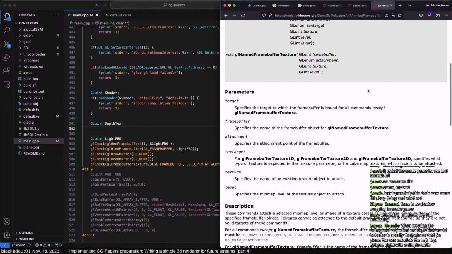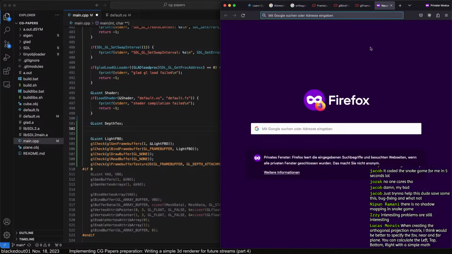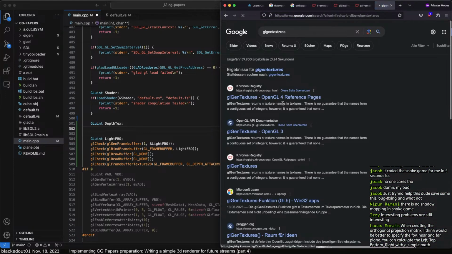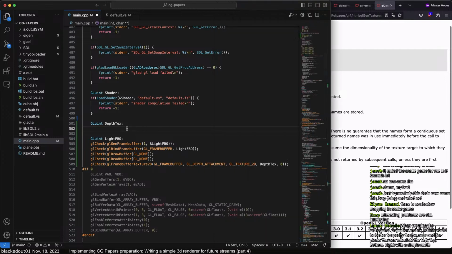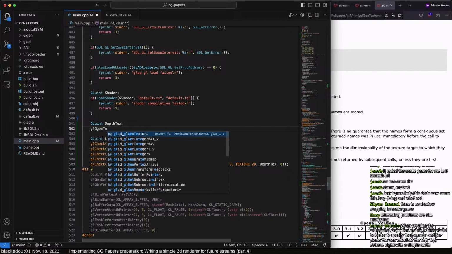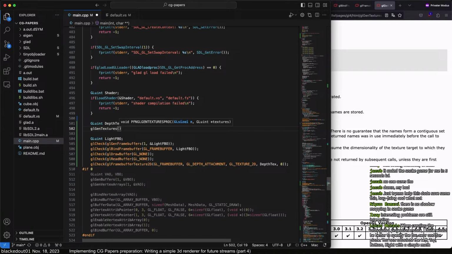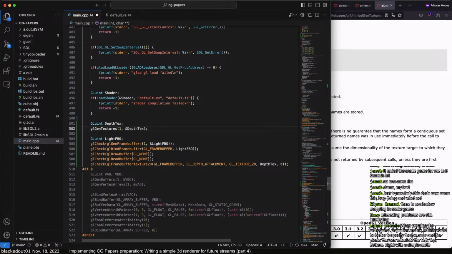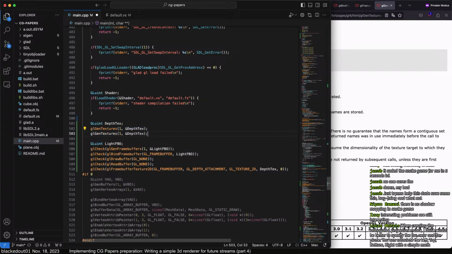So glGenTextures. And again, we have to bind this one.